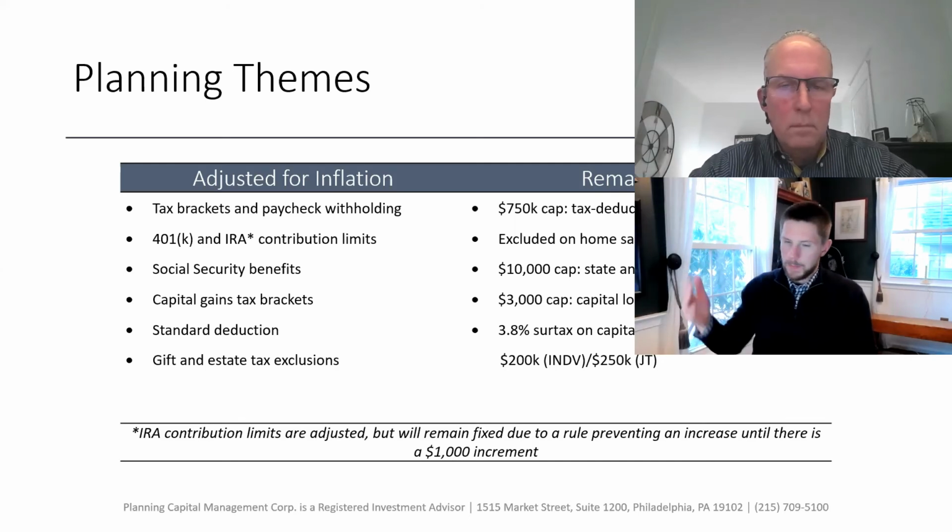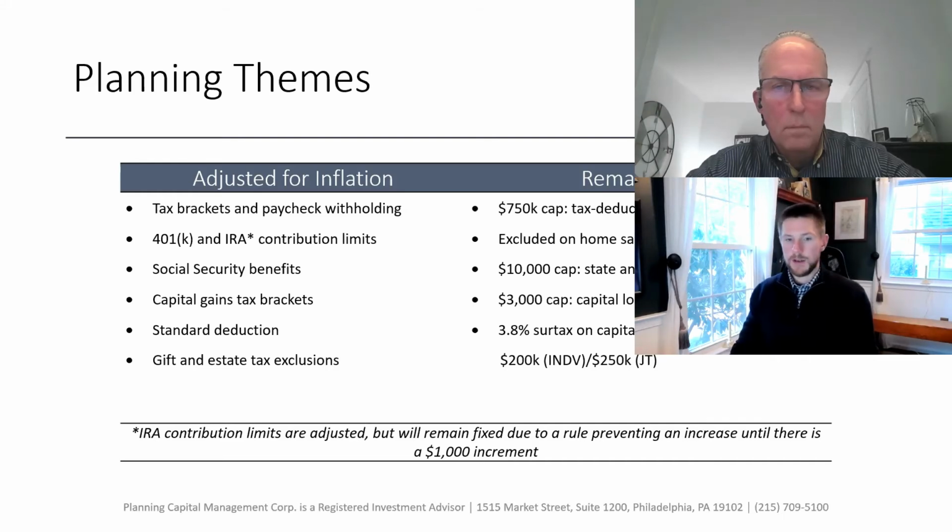Or, one of the things that was in the Build Back Better bill, we thought we were going to get a raise on the cap of the $10,000 deduction for state and local taxes, the SALT deduction, which New Jersey residents especially got hurt with, with high property taxes. But we thought we were going to get an increase in that, and that remains fixed.